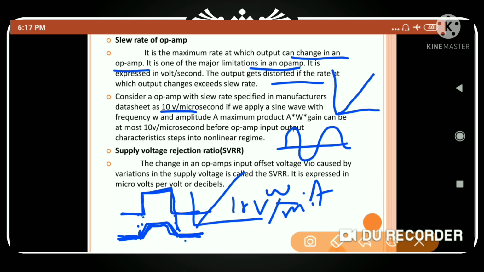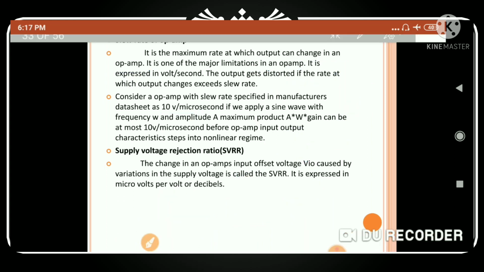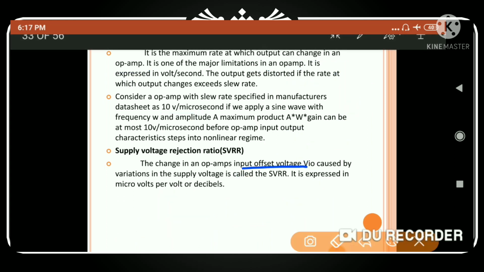Next one, supply voltage rejection ratio, SVRR. The change in an op-amp's input offset voltage caused by variations in the supply voltage is called SVRR. Whatever changes happen in the supply voltage create variations when we give the inputs and take the outputs.